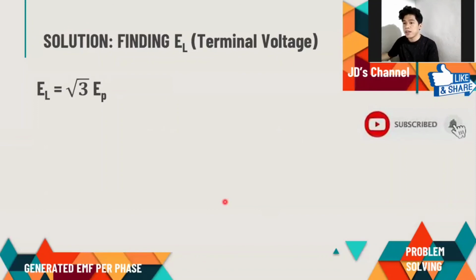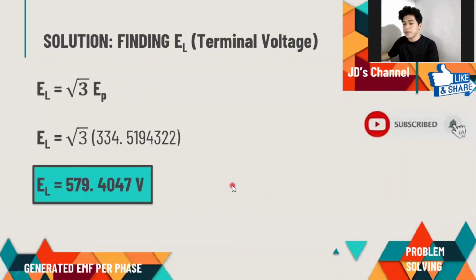We multiply the E phase value by the square root of 3, so the square root of 3 times 334.519432. Try to input it in your calculators, and the answer, rounded off to 4 decimal places since this is our final answer, is 579.4047 volts.